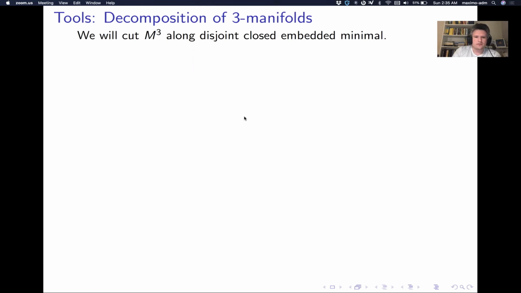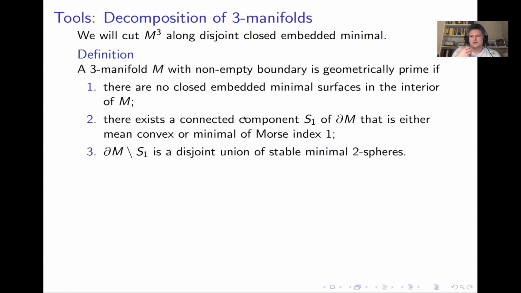Now I'm going to define the properties that I want my components to have. So I'm going to say that a manifold with non-empty boundary is geometrically prime if it has no closed embedded minimal surface in its interior. When I look at the boundary components, well, they're good.